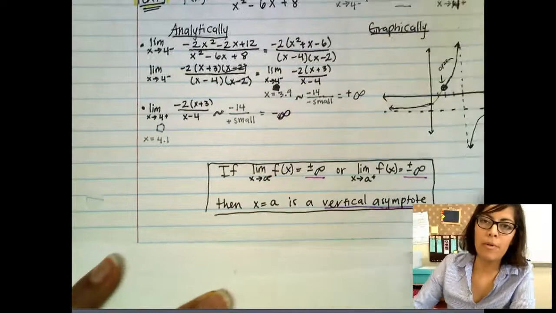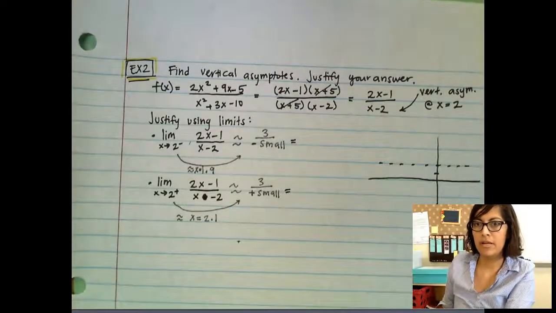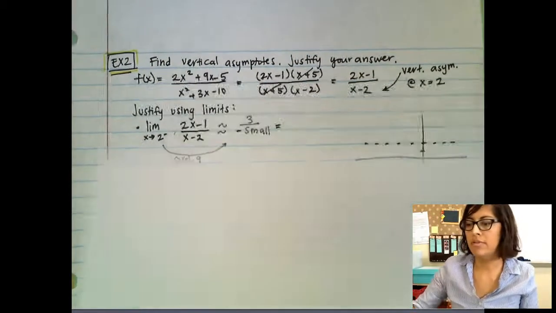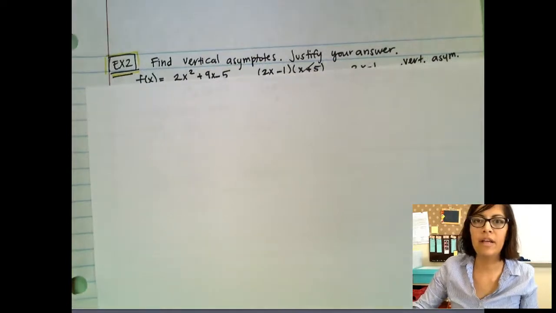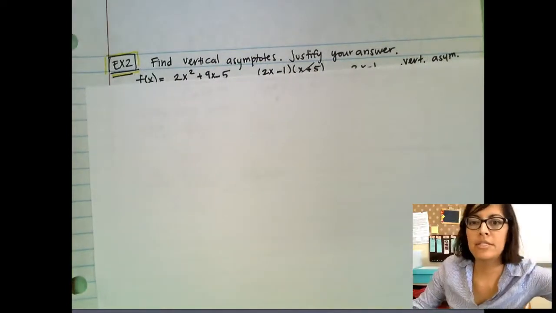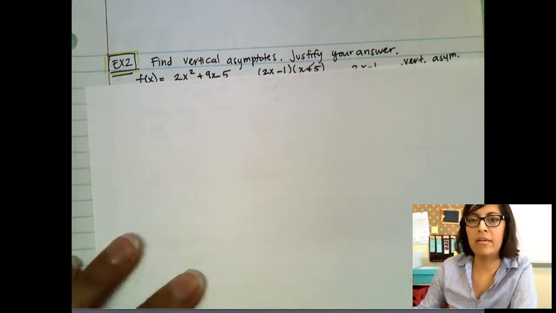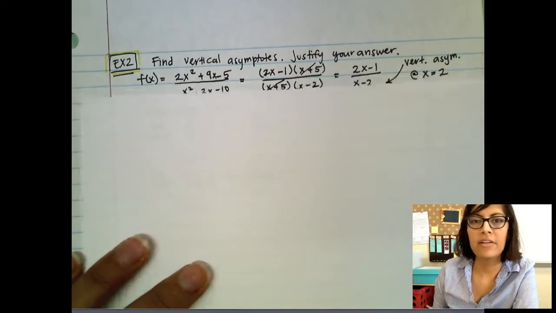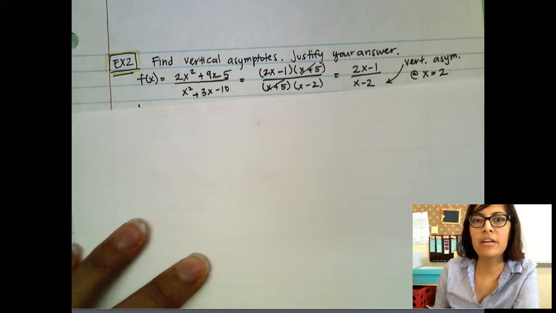So we're going to look at one more problem. This one, I gave you guys the answer. We're going to be finding the vertical asymptotes by factoring.